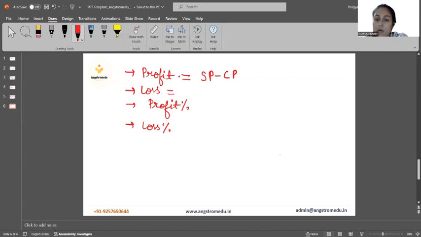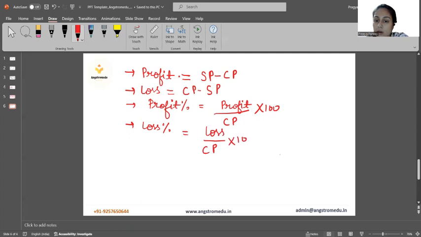And when we are talking about loss, it is the opposite condition, so we can write CP minus SP. And if I want to calculate the profit percentage, it will be profit upon CP into 100. And for loss, it will be loss upon CP into 100.